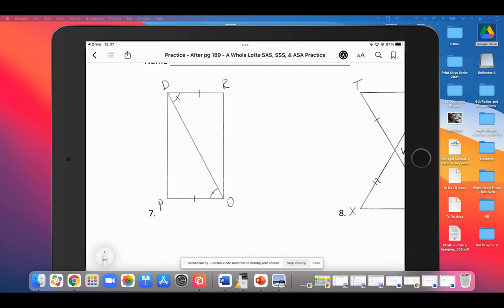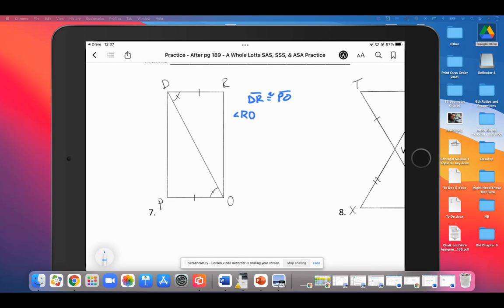Okay, so we have that DR is congruent to PO. We have that angle RDO is congruent to angle POD. And we have the reflexive property here, that DO is congruent to DO.